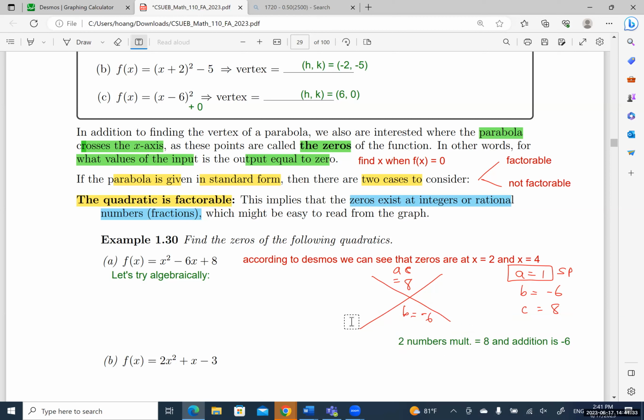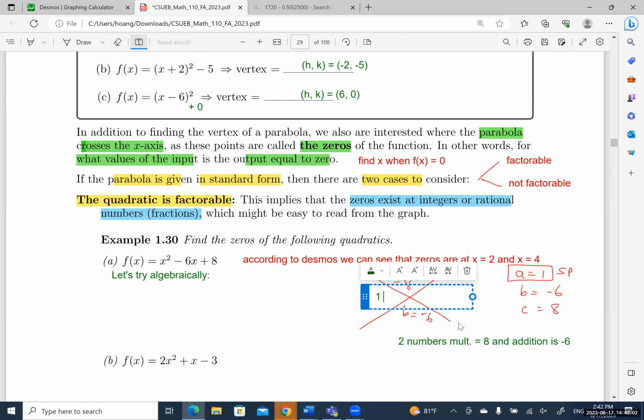Okay, so I'm thinking always start with multiplication first. I'm thinking to use 1 and 8 because 1 times 8 is 8. That's good for multiplication. But if you're adding, 1 plus 8 is 9. It's not good for -6.